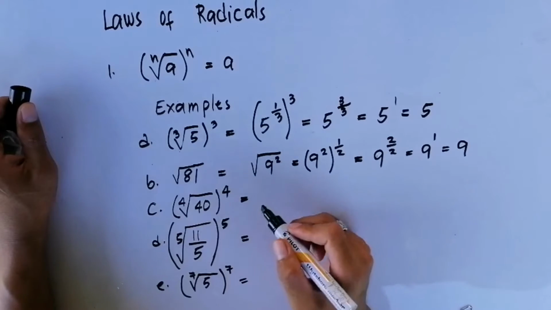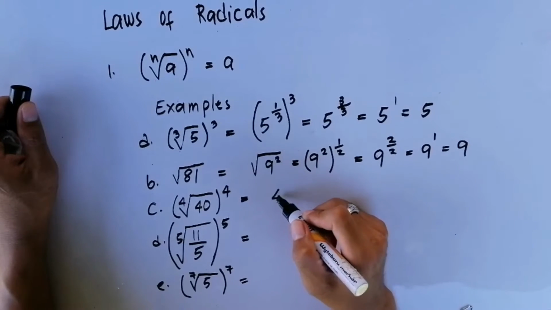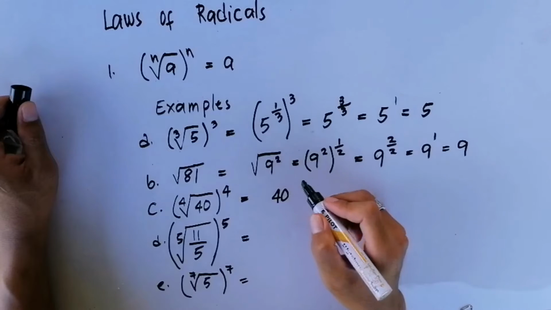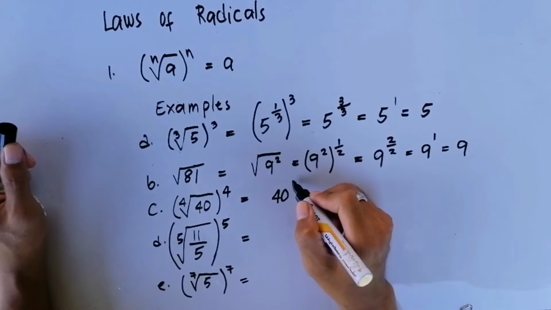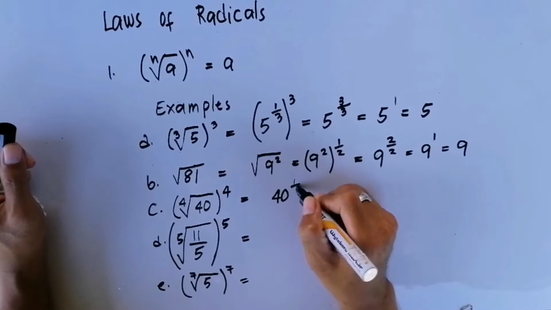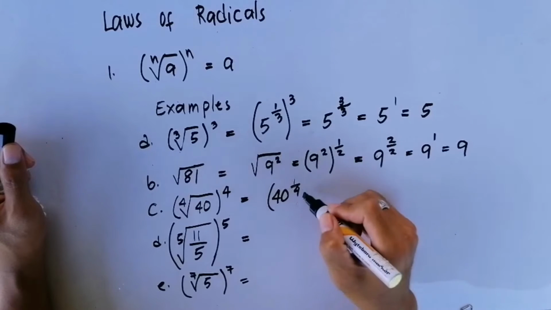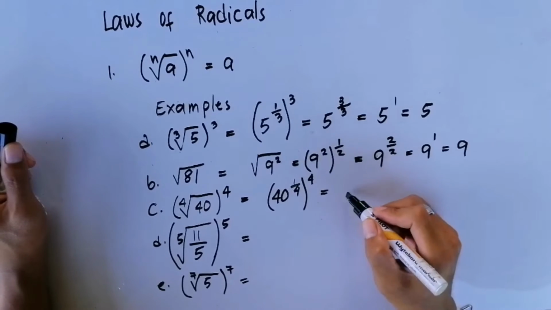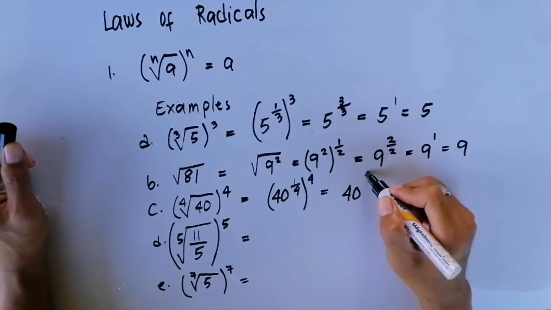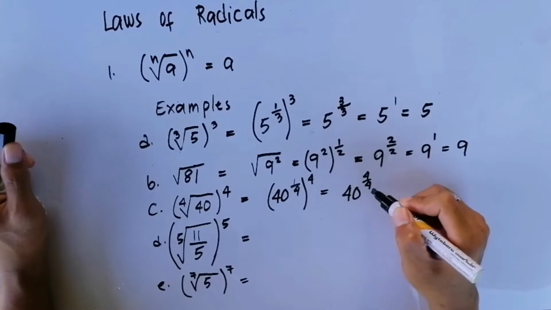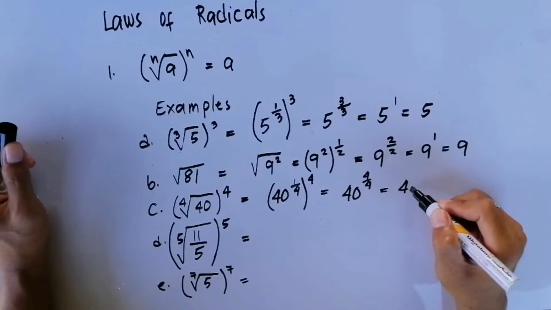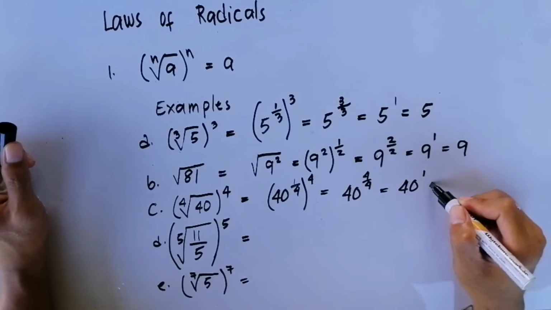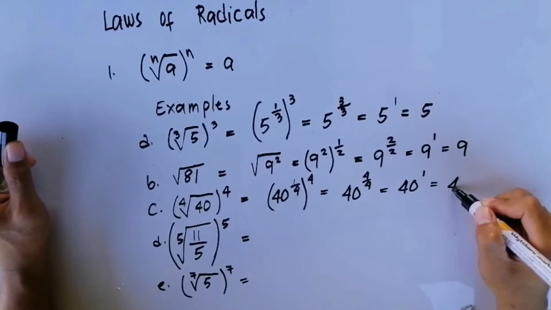For C, we have 40 raised to 1/4 raised to 4. So that is 40 raised to 4 over 4, which is equal to 40 raised to 1, or simply equal to 40.